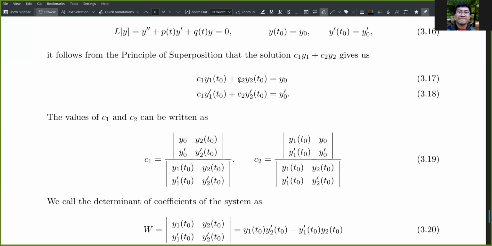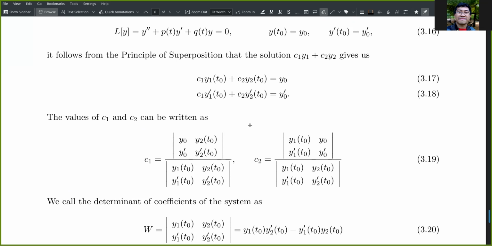Basically, we're using the coefficients of the terms in our equations.